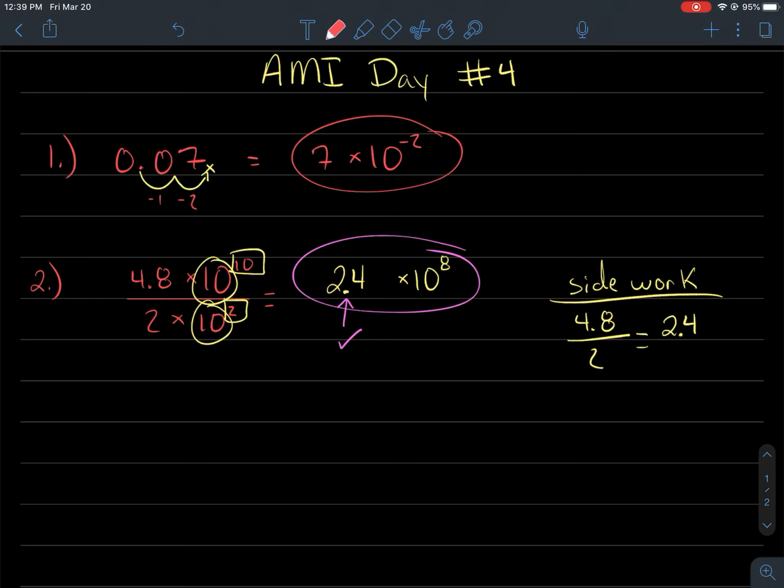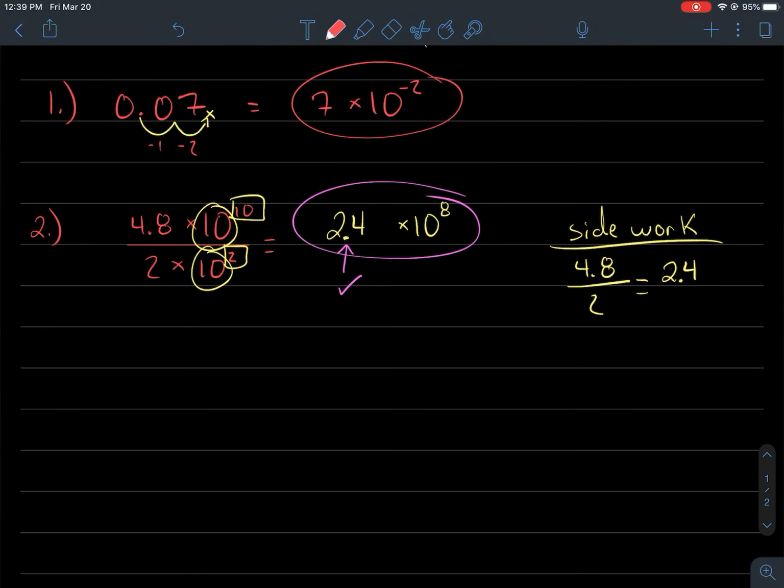All right, so let's look at number 3. This is a fun one. It says multiply, so we have to multiply these together. We have 3 times 10 to the power of 8 multiplied by 1.3 times 10 to the power of 3.